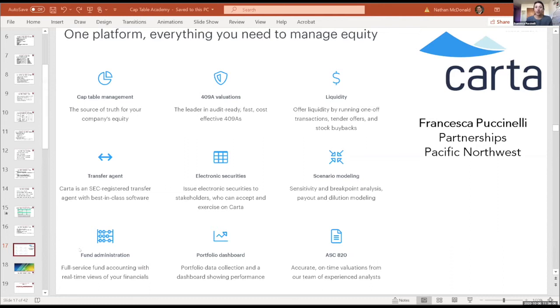I would say a lot of institutional investors or bigger VCs have put within their side letters that you are required to be on Carta in order to make this investment go through. We're seeing a lot of that in the market.